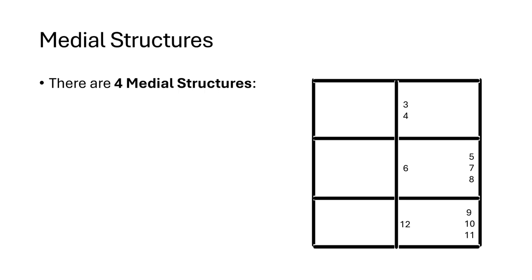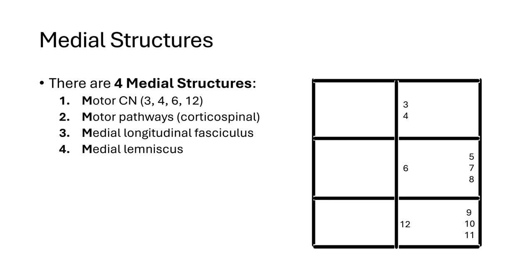Now, let's talk about other medial structures that can also be found in the brainstem. There are 4 primary medial structures. The first one are the motor cranial nerves, which we've already talked about, 3, 4, 6, and 12. The next is the motor pathway, such as the corticospinal tract, which does most of the movement on the contralateral side of the body.